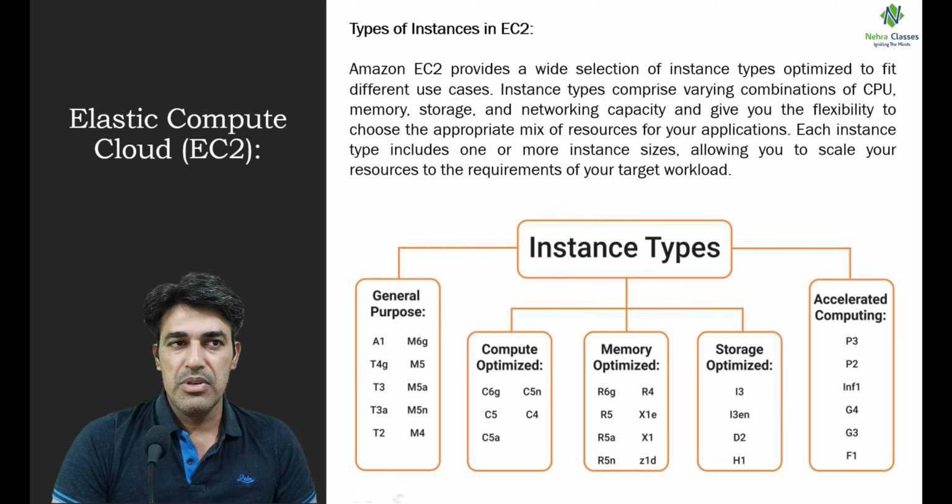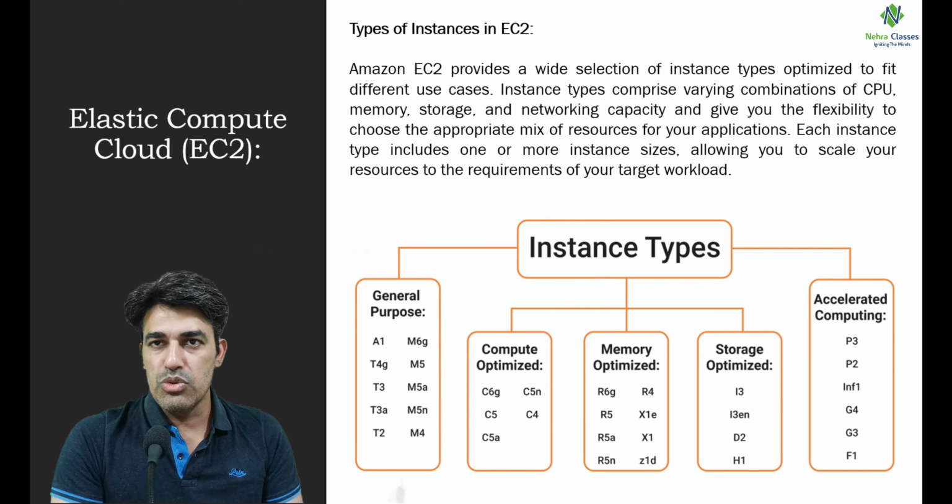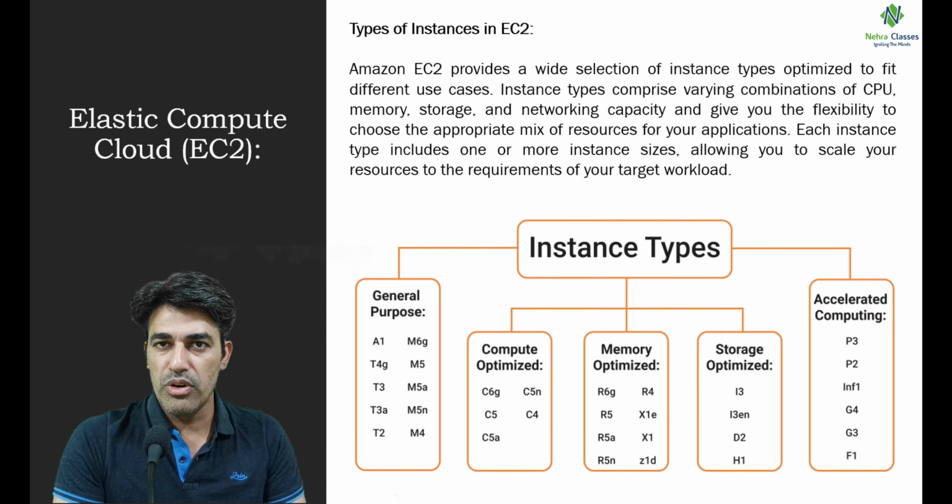Each instance type includes one or more instance sizes, allowing you to scale your resources to the requirements of your target workload. So you can choose what type of instance is suitable for your own requirement.